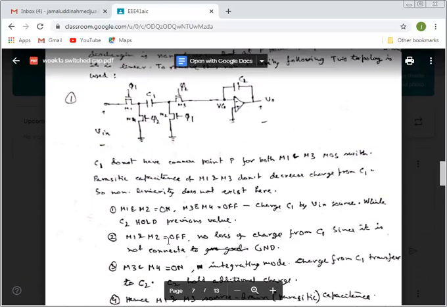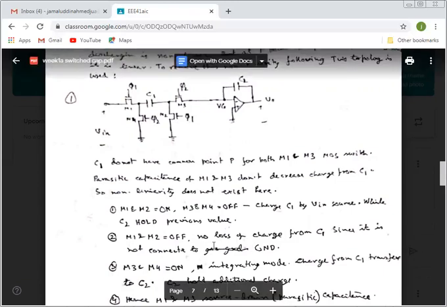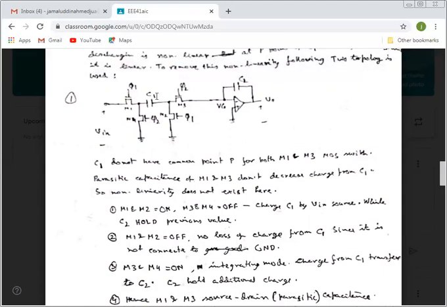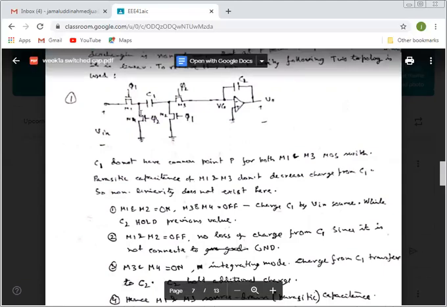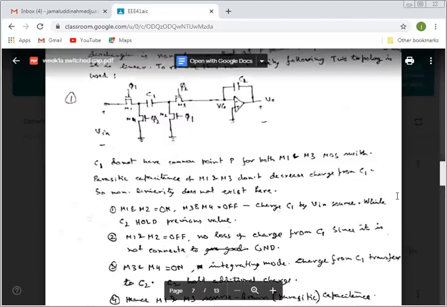And then M1 and M2 turn off, then in the next cycle we open M3 and M4. When you turn it off, C1 is not losing anything because it is not connected straight to the ground. So the second time M3 and M4 are on.